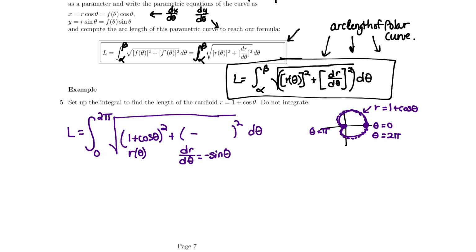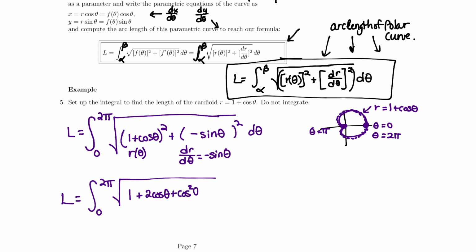Are you guys getting minus sine theta? When we expand that out, that gives us 1 plus 2 cosine theta plus cosine squared theta plus sine squared theta, d theta.